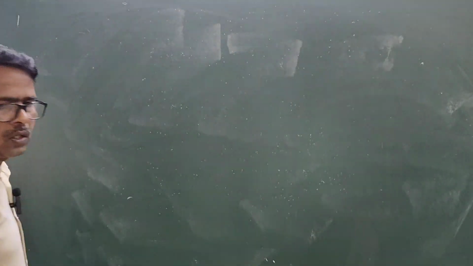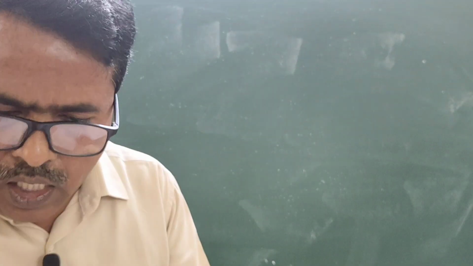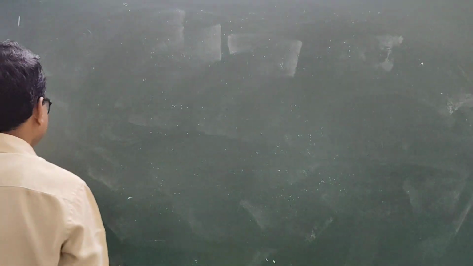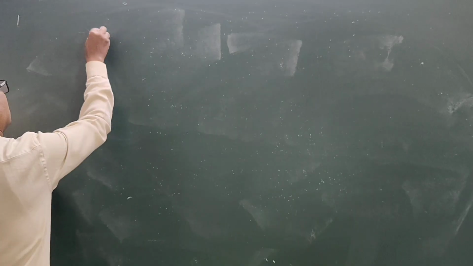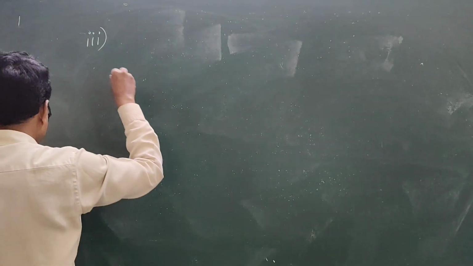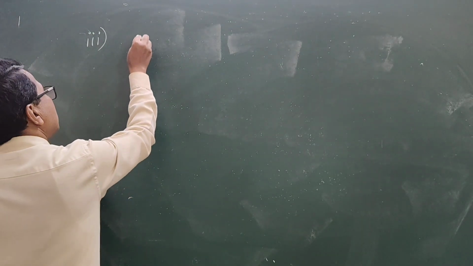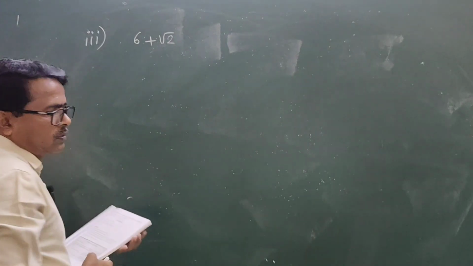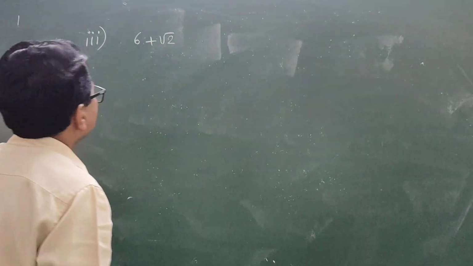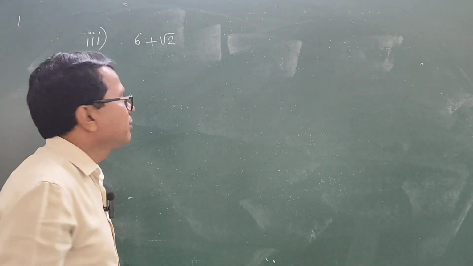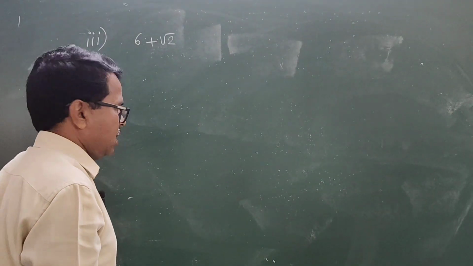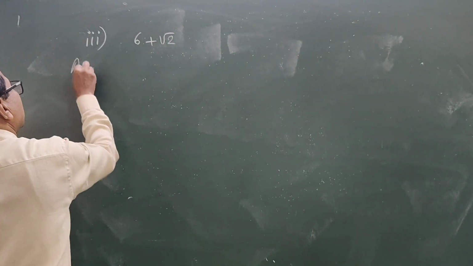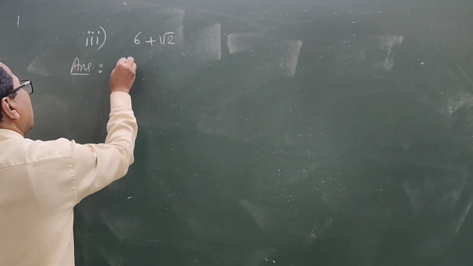Okay, one more problem is there, the last one, third problem. Third problem is 6 plus square root of 2. We have to prove 6 plus square root of 2 is irrational. Again, the method is same.